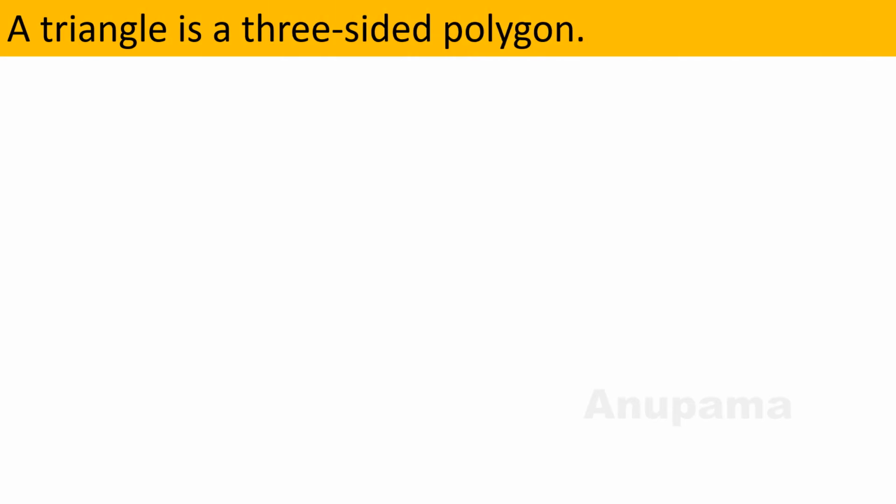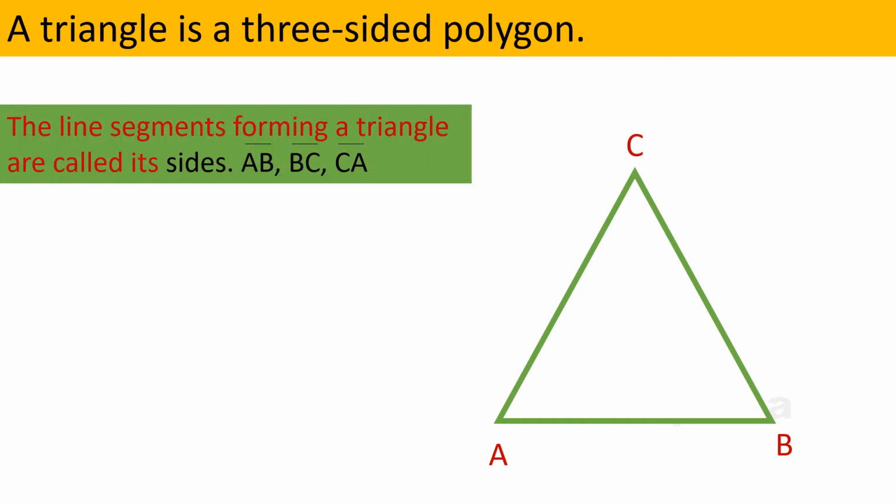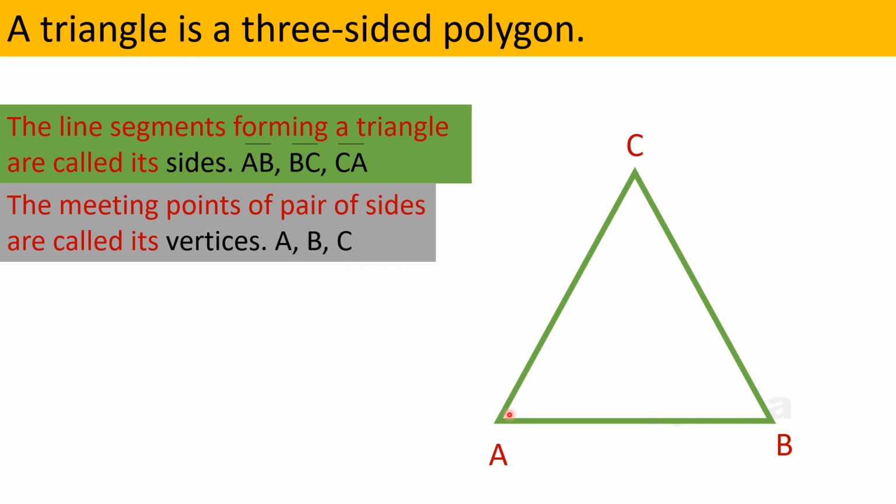A triangle is a three-sided polygon, or we can say it is the smallest polygon ever. For example, ABC, it is a triangle. Let us understand triangle. The line segments forming a triangle are called its sides, like these AB, BC, CA are sides of triangle. Next very important thing is vertices.